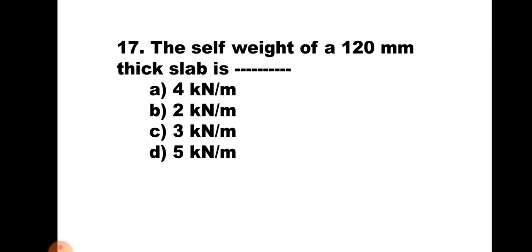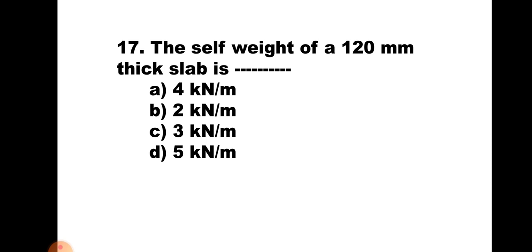Question number 17. The self weight of a 120 mm thick slab is A, 4 kilonewton per meter, B, 2 kilonewton per meter, C, 3 kilonewton per meter, and D, 5 kilonewton per meter. Now how is the depth of the slab calculated? We have to calculate in terms of UDL. So what is the unit weight of RCC? It is 25 kilonewton per meter cube.